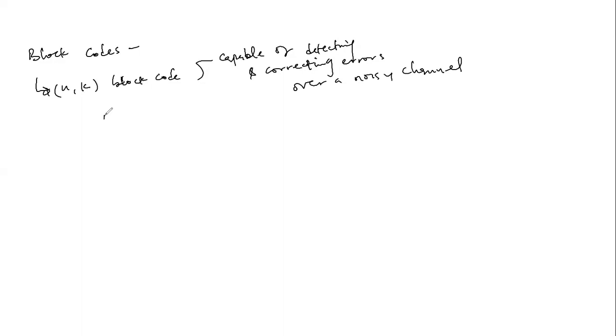So we have n as the encoded block of bits, and k are the message bits.